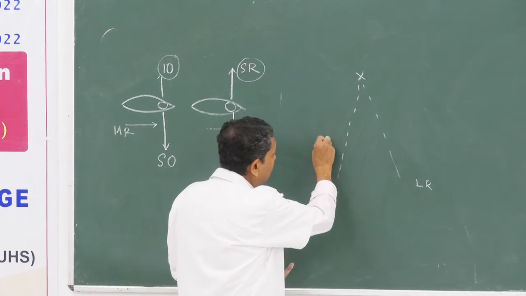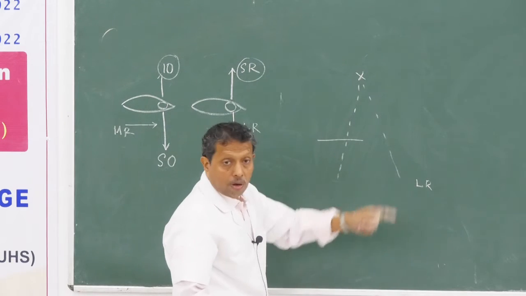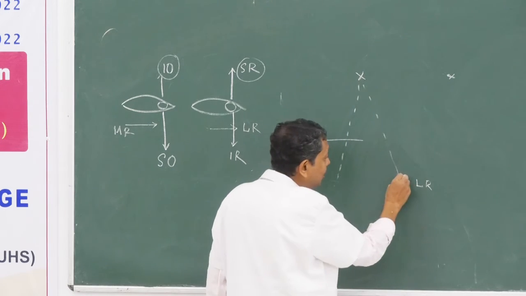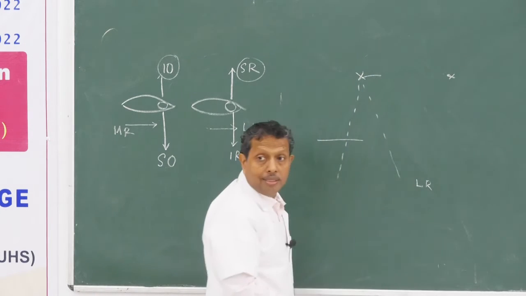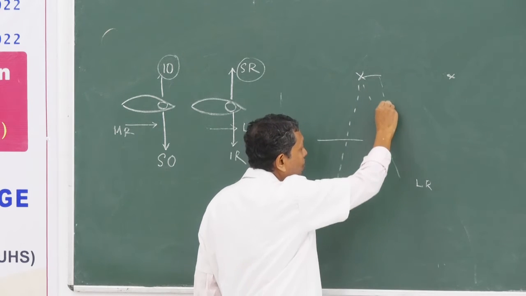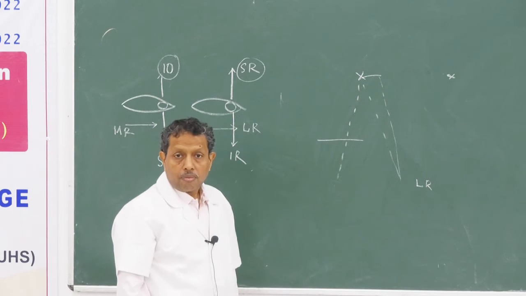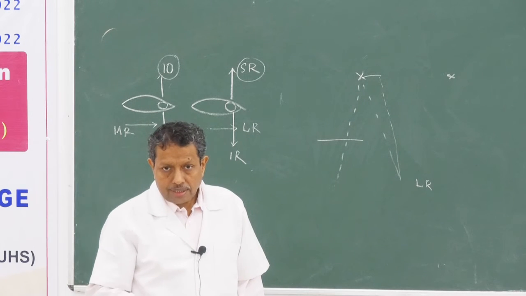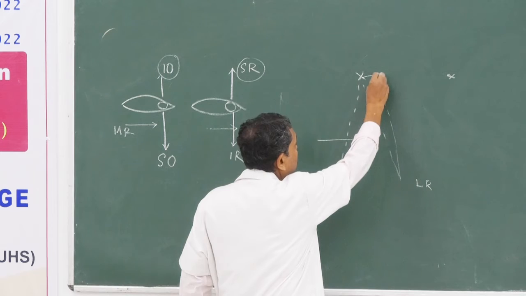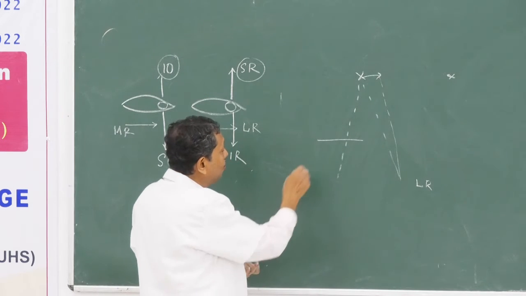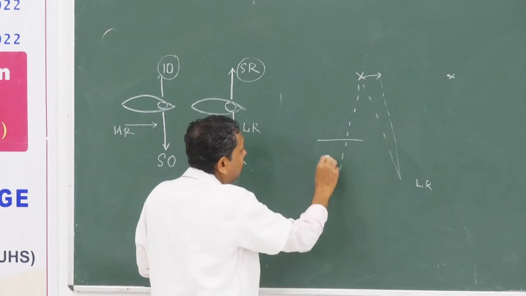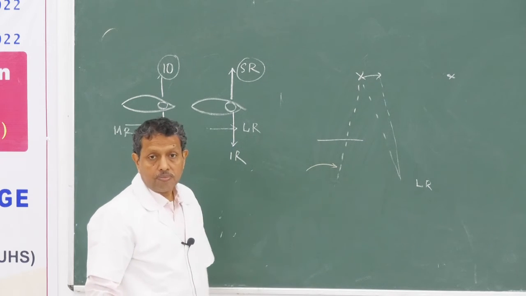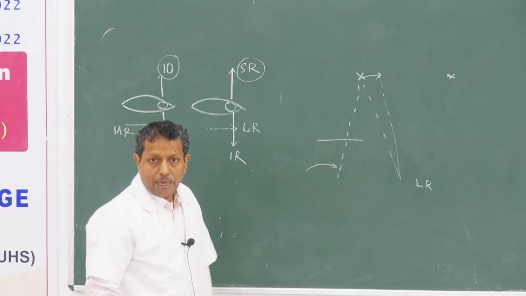You cover the eye and ask him to move to another lateral point. Suppose in this case the movement is up to this angle. That is the primary deviation. For the object through the nodal point along this axis, the movement from this point is much more. That is the secondary deviation. Secondary deviation is more than the primary deviation.